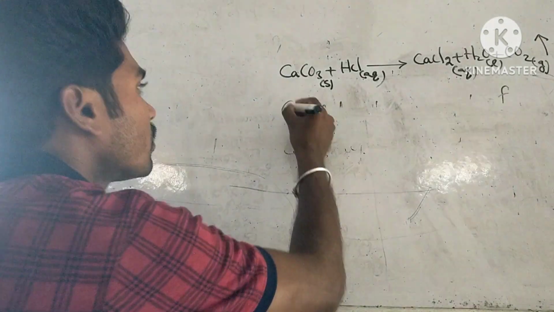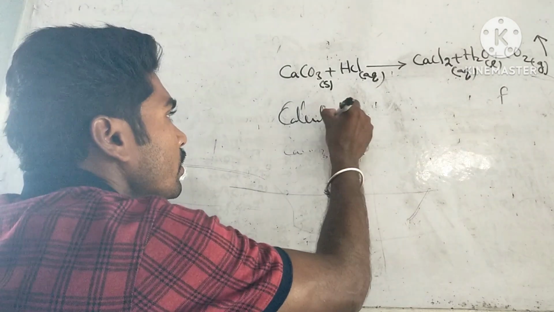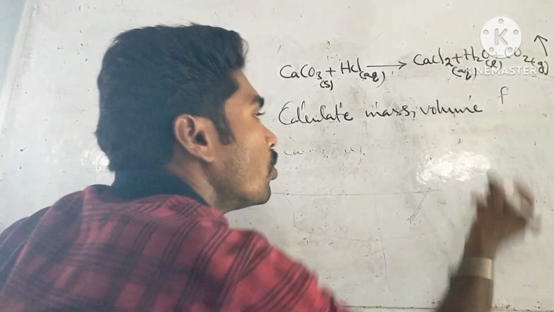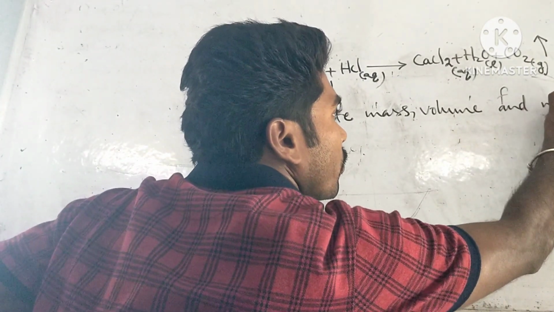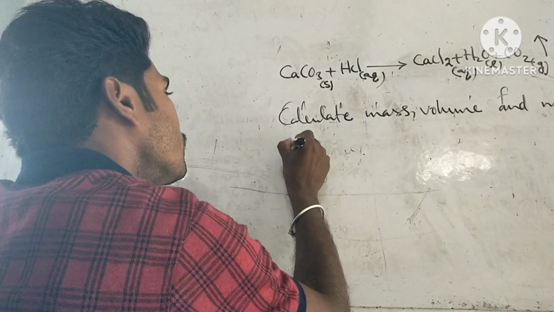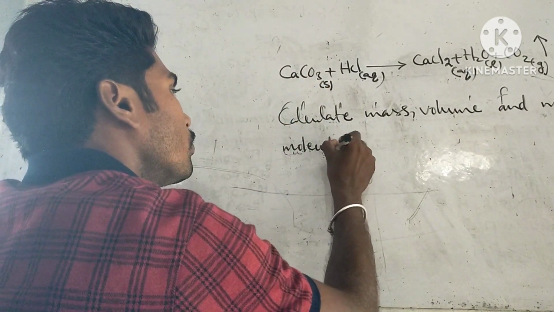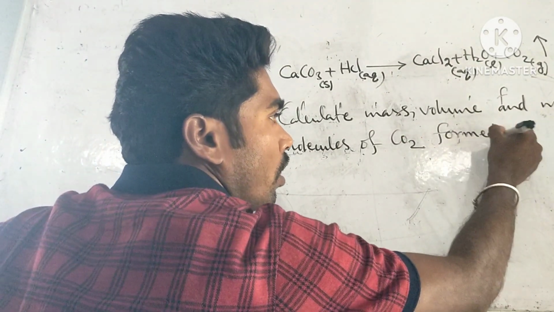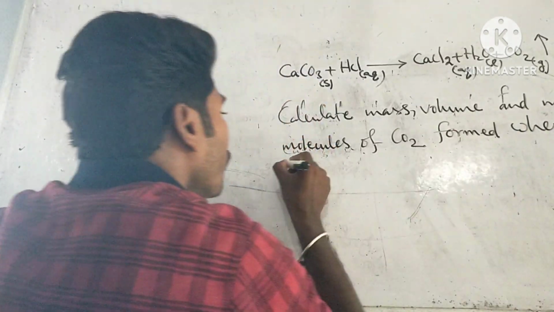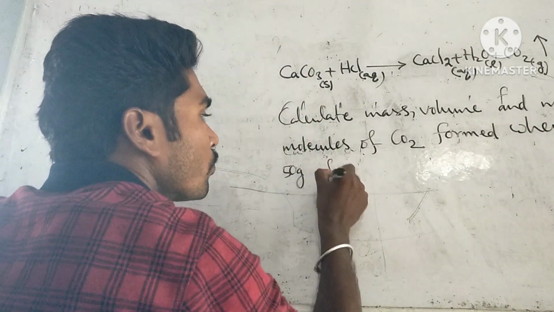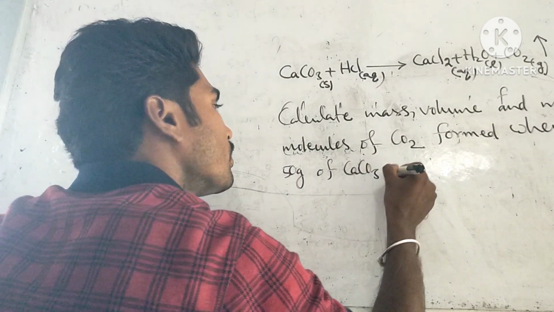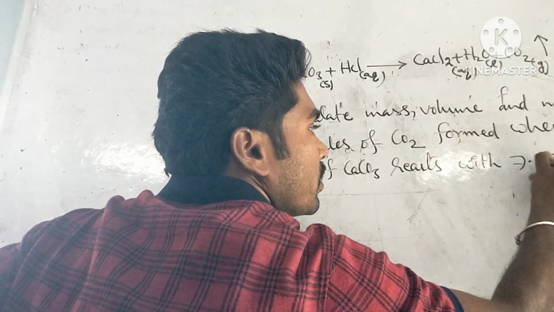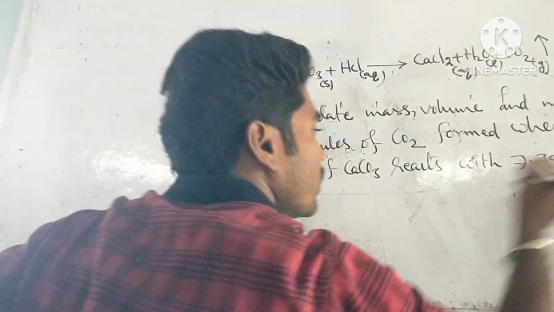Calculate the mass, volume, and number of molecules of CO2 formed when 50 grams of calcium carbonate reacts with 1.3 grams of HCl.